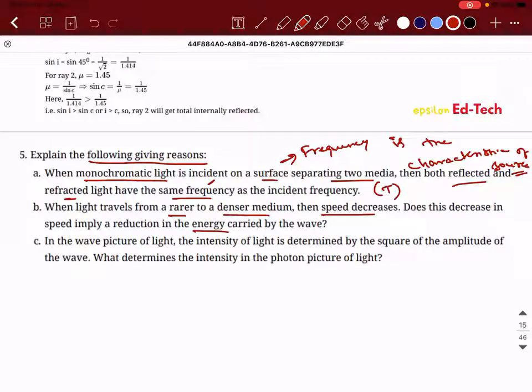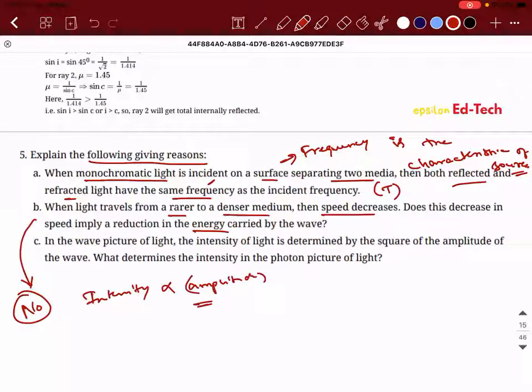What is the answer? Is its energy going to decrease? Answer is no. Because here, please write it down. When you're trying to talk about the energy, you're trying to talk about the intensity, which is directly related to amplitude. So energy depends on the amplitude, and the speed is decreasing because there is a change in wavelength taking place.